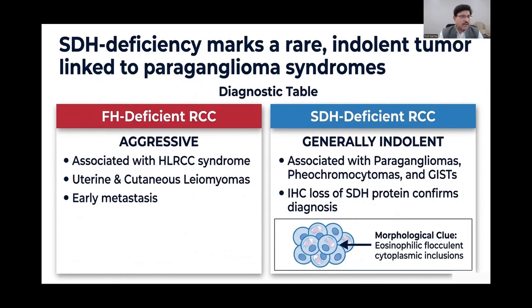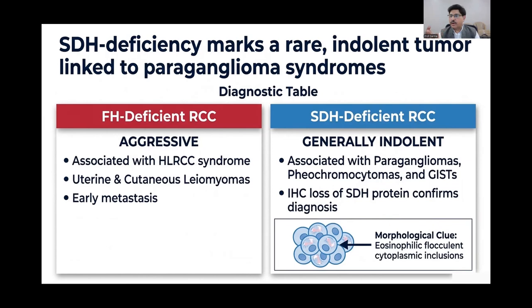What are GISTs? Gastrointestinal stromal tumors. So if somebody has had an endoscopy, you find a GIST, and also you have a renal tumor which is a rare indolent tumor, it is probably SDH deficiency.